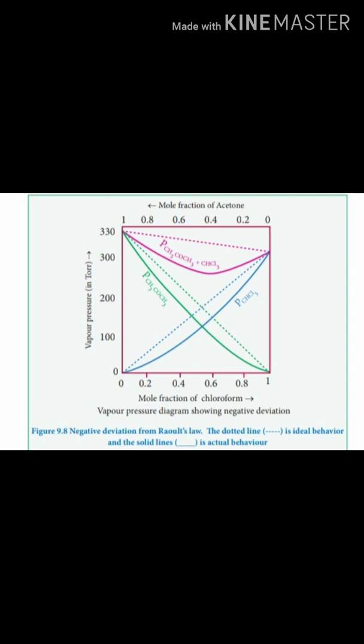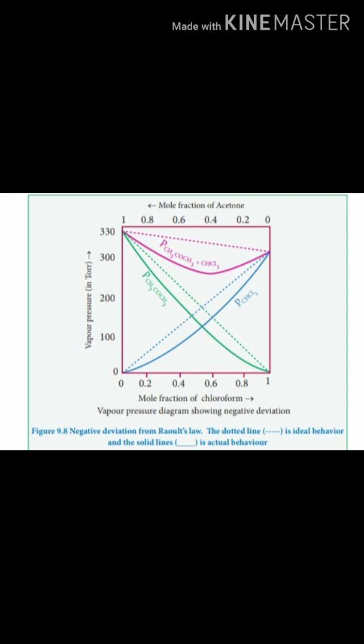Non-ideal solutions with positive deviations from Raoult's law are called endothermic solutions. This picture shows non-ideal solutions. Negative deviations from Raoult's law are called exothermic.